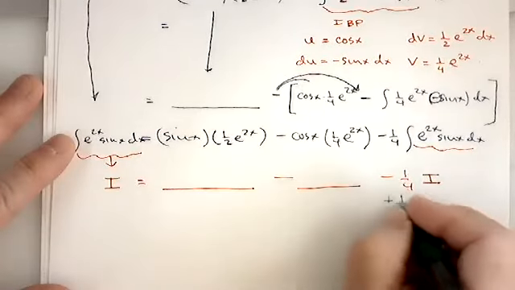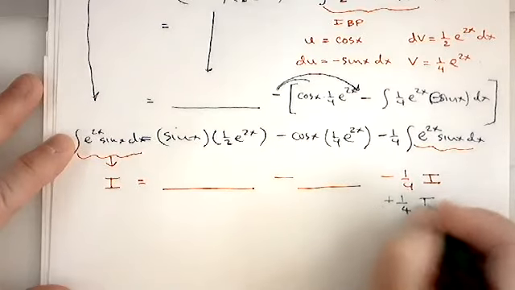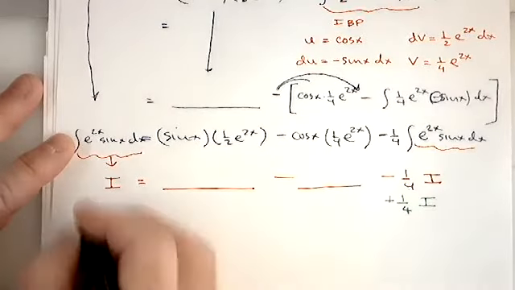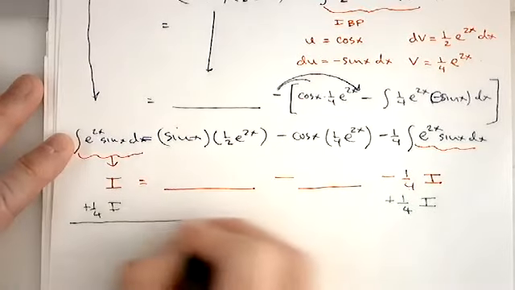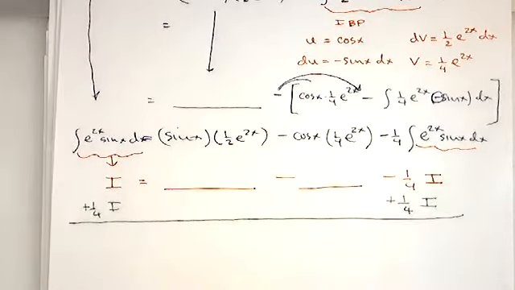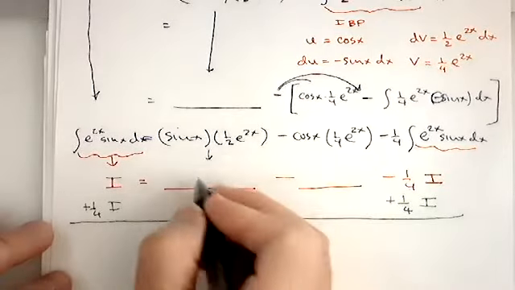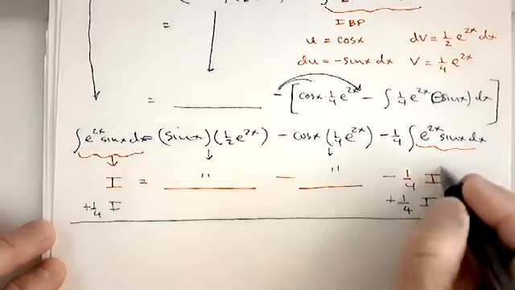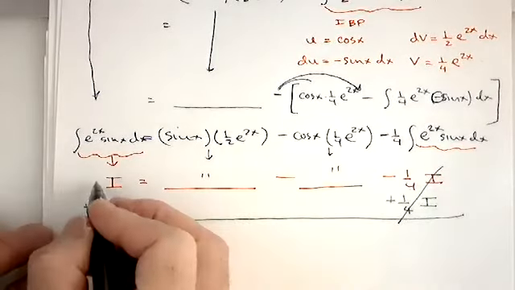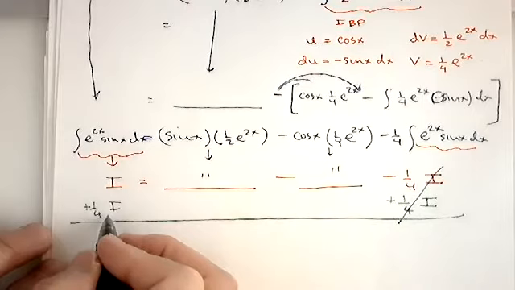How many people agree you would get the I's on the same side, right? Like if that was x you were solving for, you would combine. So you would add 1/4 I to both sides. Now, I know that's going to be there, that's going to be there, right? That's this. But when I move this over, it cancels. What is 1 I plus 1/4 I?